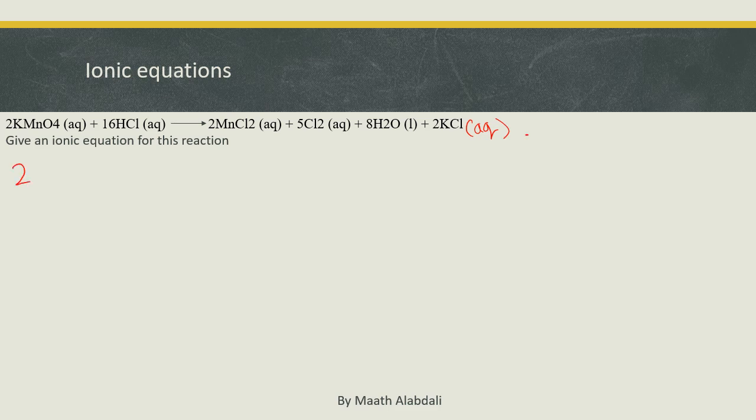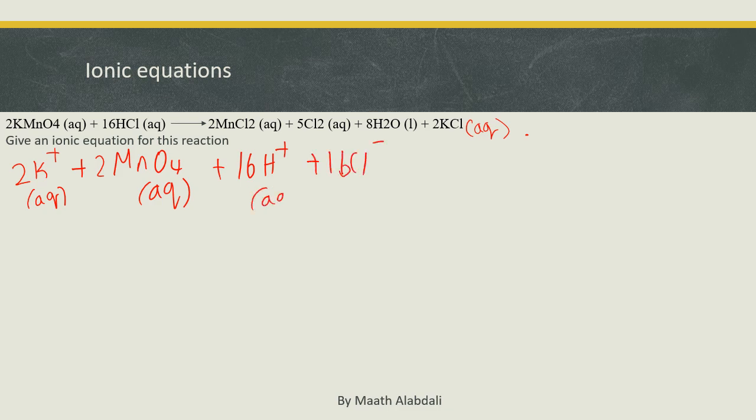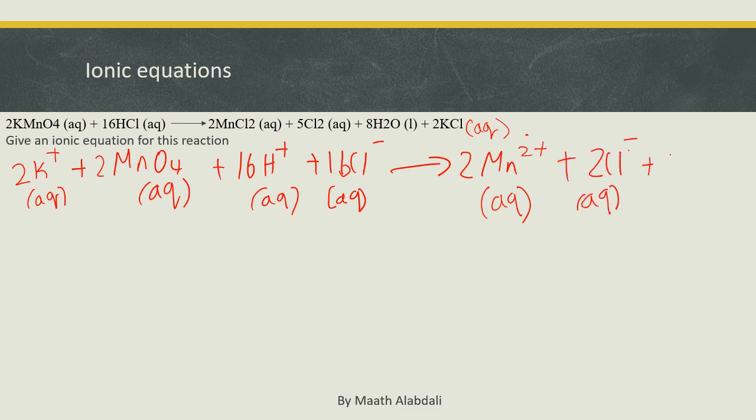And first I'll write it down. MnO4 minus aqueous plus 16 H plus aqueous plus 16 Cl minus aqueous, arrow 2 Mn 2 plus aqueous plus Cl minus aqueous plus 5 Cl2 plus 8 H2O liquid, sorry.